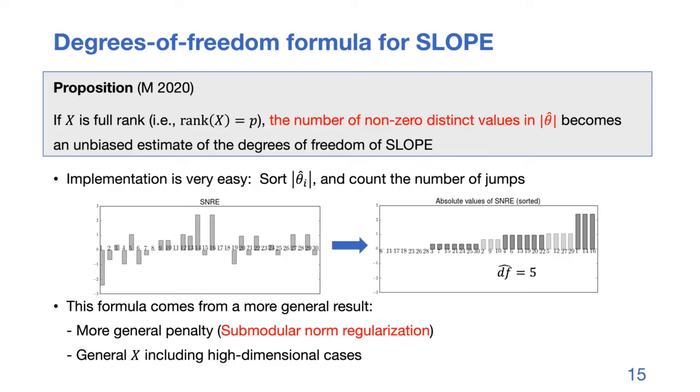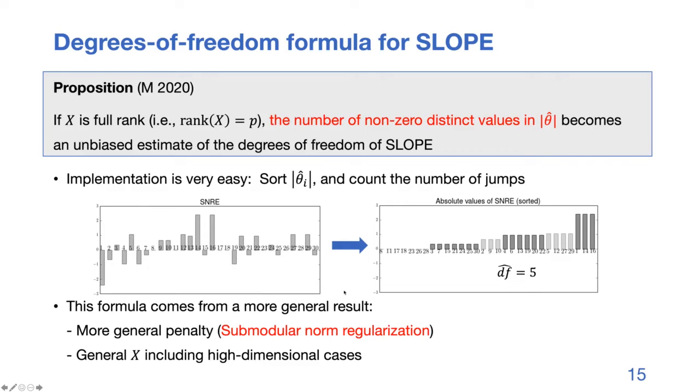So this is always smaller than just counting non-zero values as in lasso. And the implementation of this formula is very easy because you can just sort the absolute values and count the number of jumps.